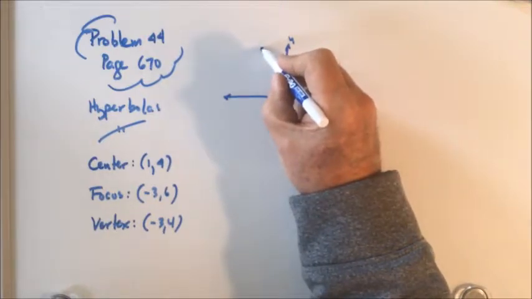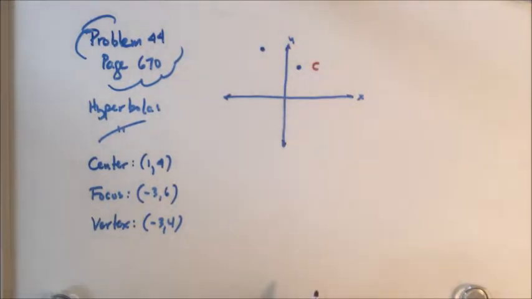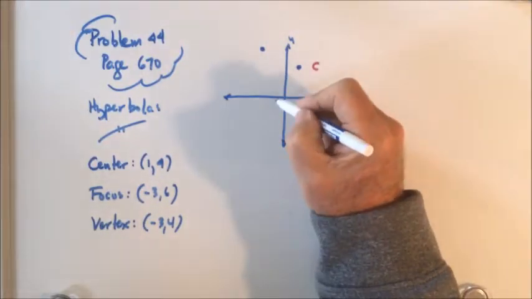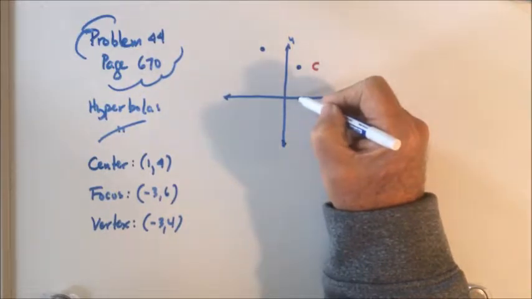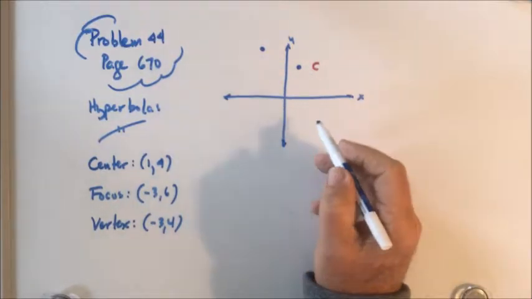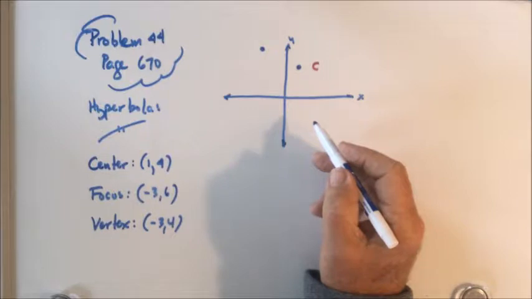So something like this. And a vertex at -3. Did I write these down right? Center at 1, 4, a focus at -3, 6, and a vertex at -3, 4.